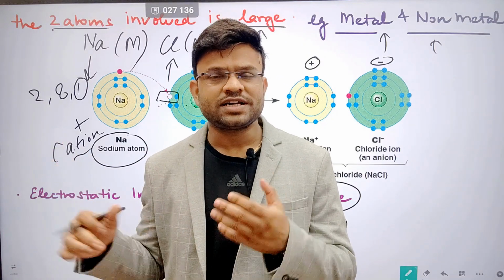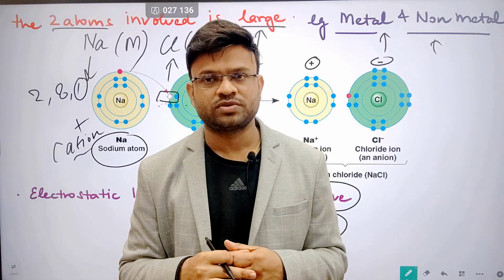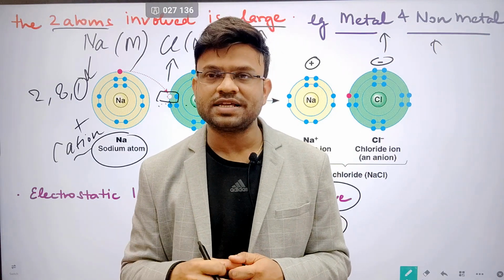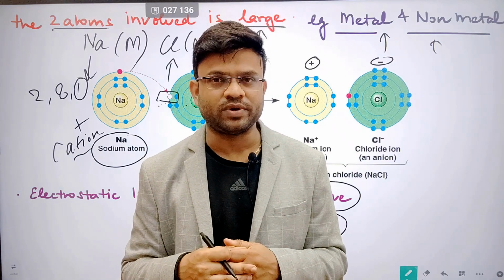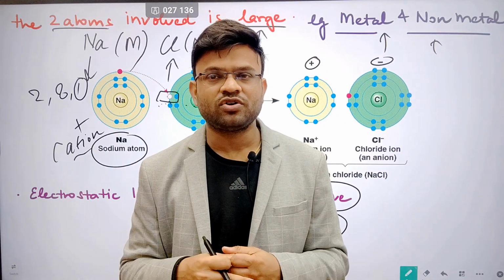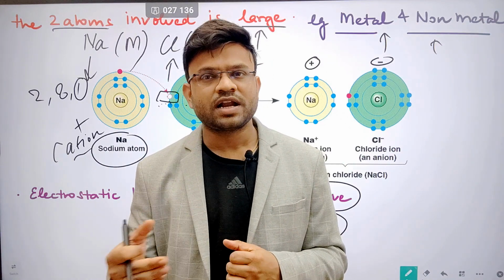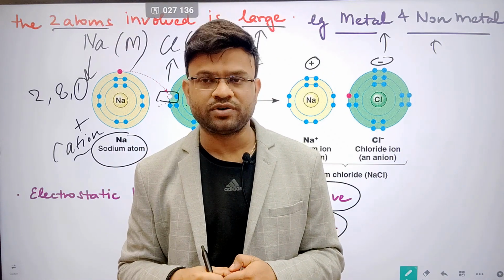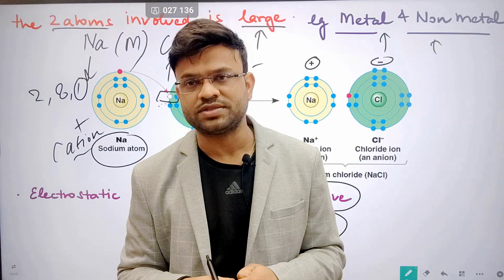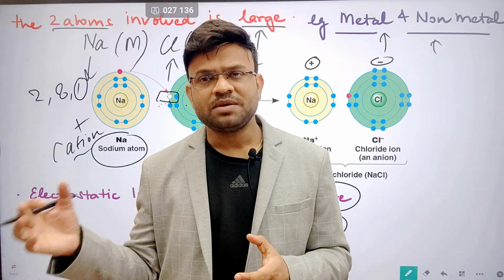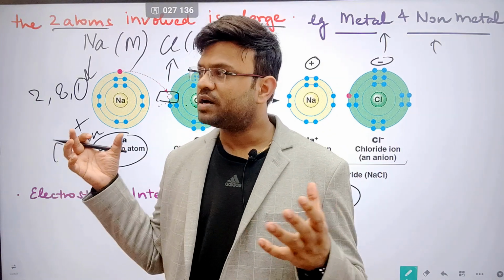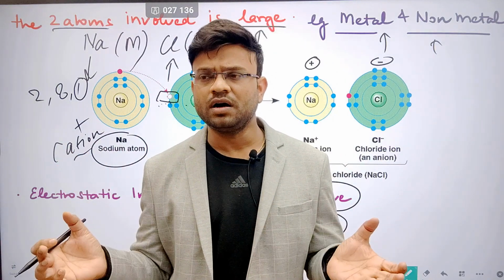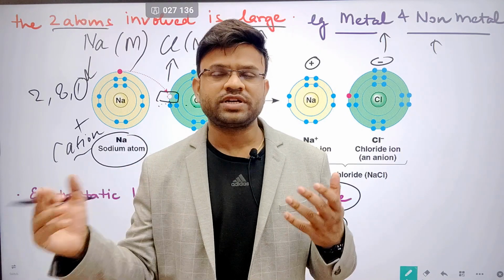Even if it is not charged, let us take the example of glucose. Glucose does not have any charge, yet it has a partial positive and a partial negative aspect to it, because there are multiple hydroxyl groups, OH groups. The oxygen will have a partial negative and the hydrogen a partial positive charge. When I say partial, I want you to understand that these are not the exact positive and negative charges.